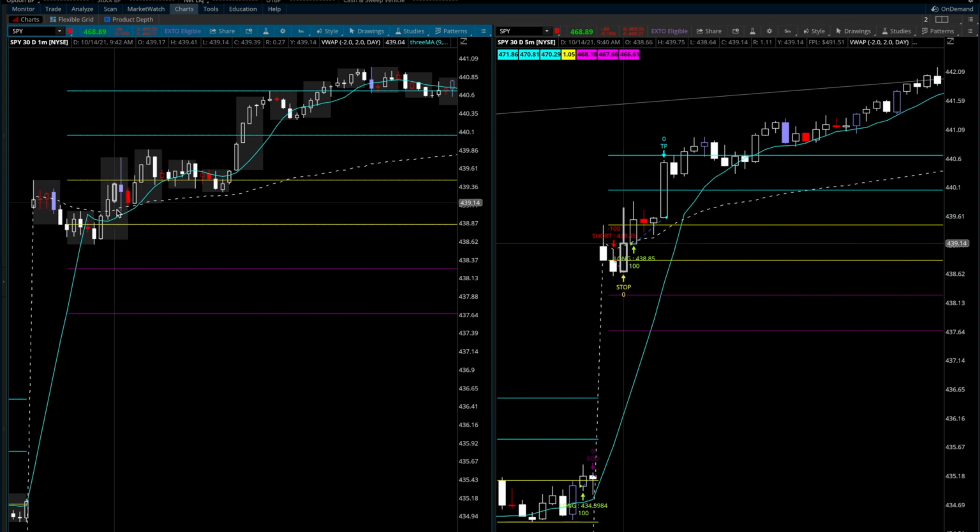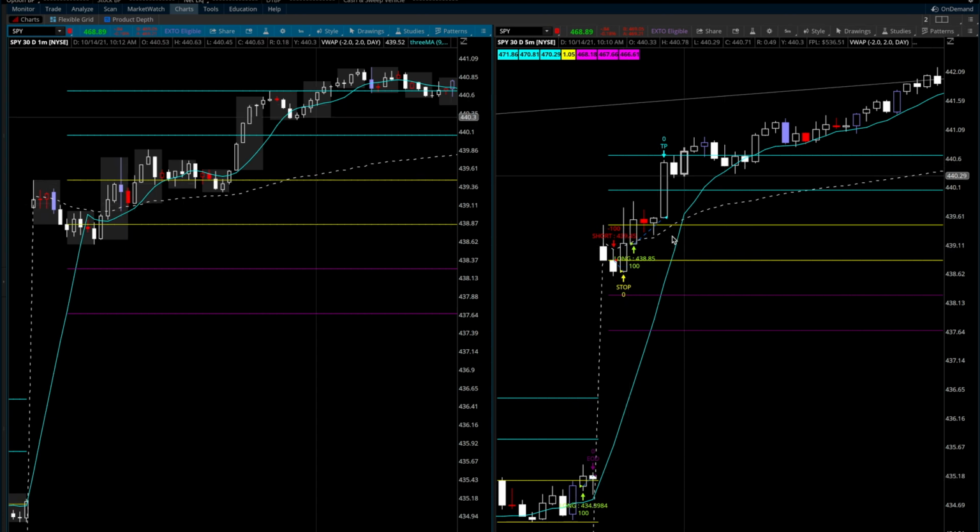I also will say, I focus on VWAP and the 9 SMA, and we were above them fairly well on both charts. When you get that triangle out here off the opening range high, it's not super ideal, but it is an actionable trade, and you got a little bit of a broadening here that it very well could have dropped that day, but the market was obviously strong.